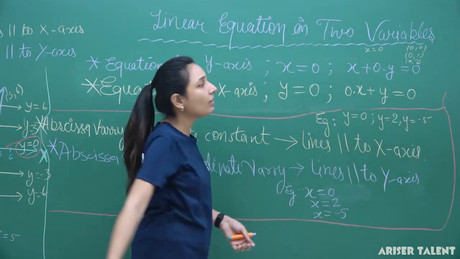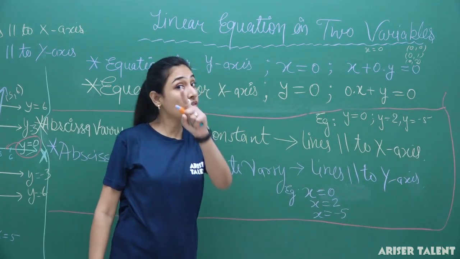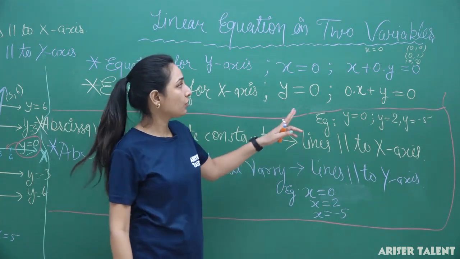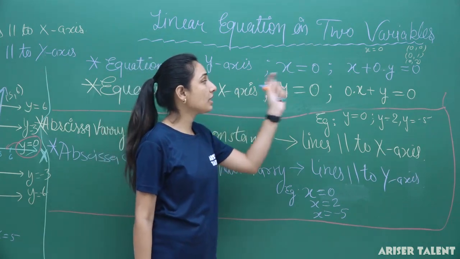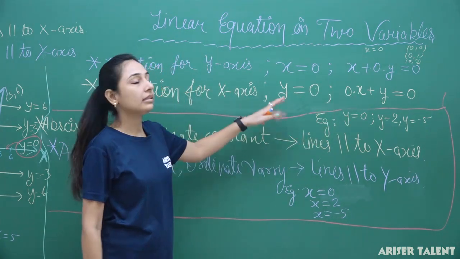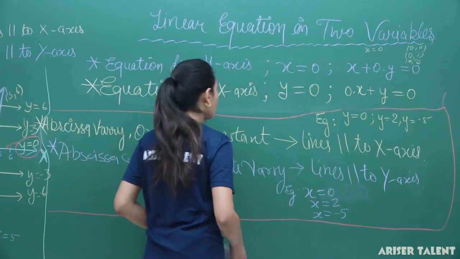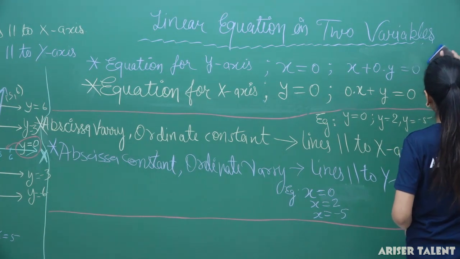So whatever value you take for y, you get x equals 0, and the value of y also varies here. So in two variables you can write an equation like this, and an equation like this for the x-axis. So you now know how to write the equations for the x-axis and y-axis.